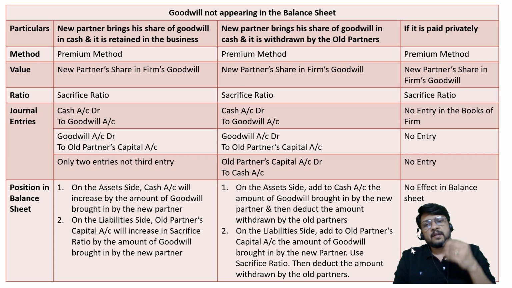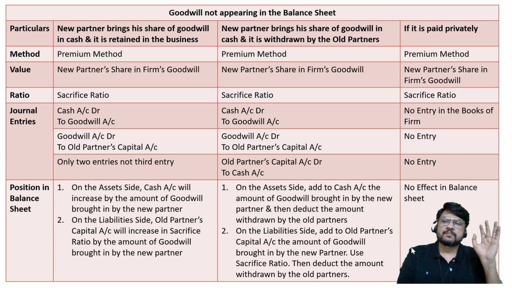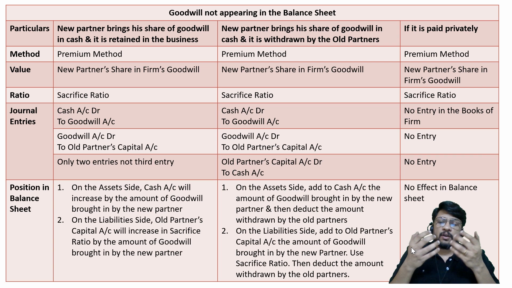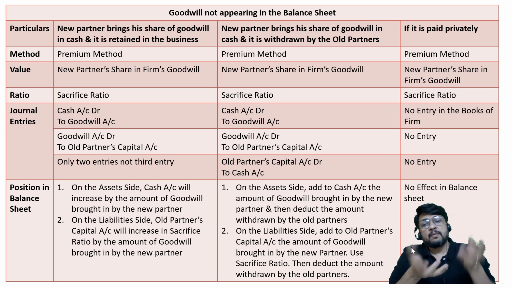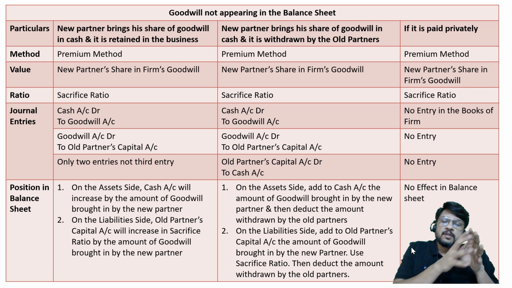So if the adjustment is already telling you that Mr. X is a new partner and he is bringing rupees 15,000 as goodwill in cash, or 20,000 rupees, or rupees 30,000 towards his share of goodwill, in that case we already wanted only the new partner's share in the firm's goodwill, and the problem is already telling us the amount he is bringing in. So we can use the amount given in the adjustment for passing the entry.